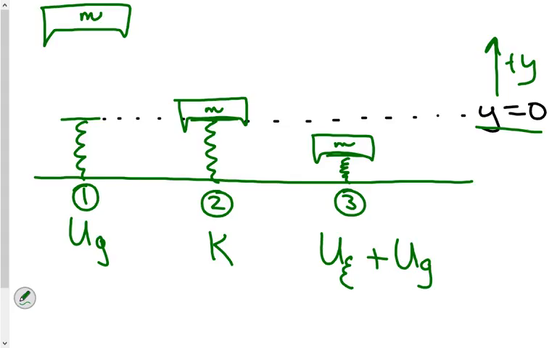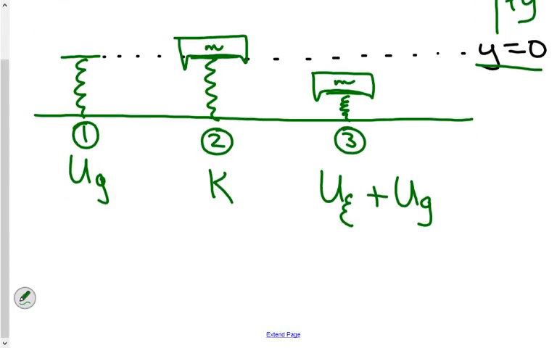Okay, so I can take any of these two situations and set them equal to each other, because the total energy, the mechanical energy at all of those situations has to be the same, because it's conservative forces that are making the transfers of energy.